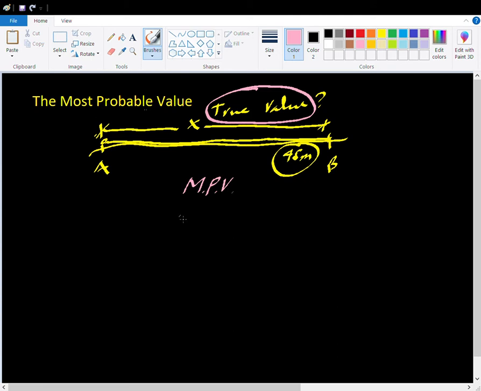A basic assumption of probability is that the most probable value of a group of repeated measurements made under similar conditions is the average. It is the average or the arithmetic mean of all the measurements.